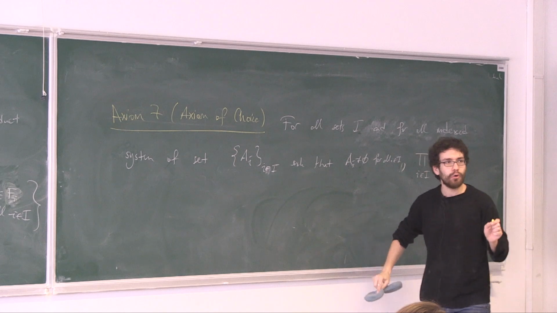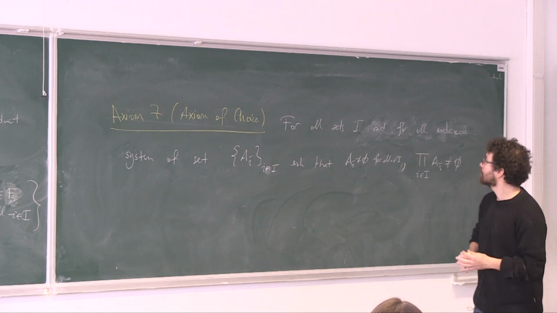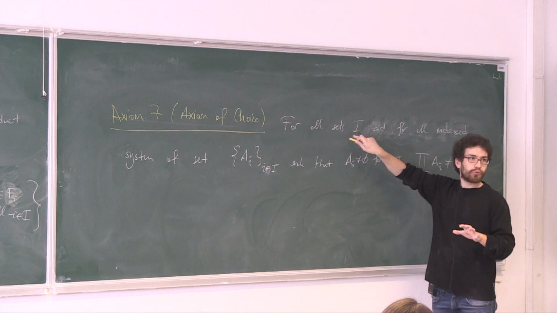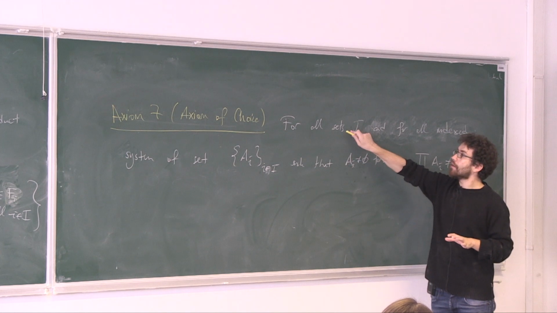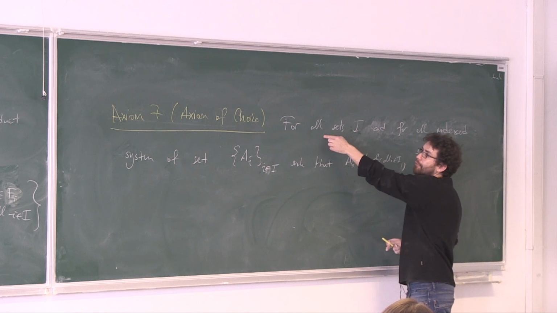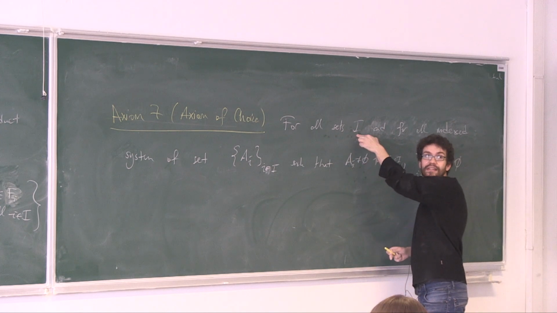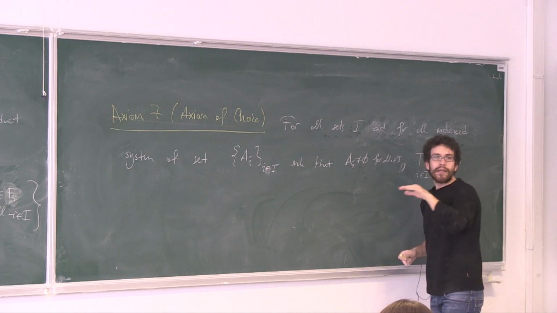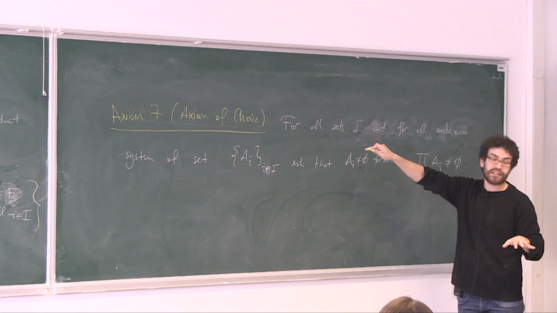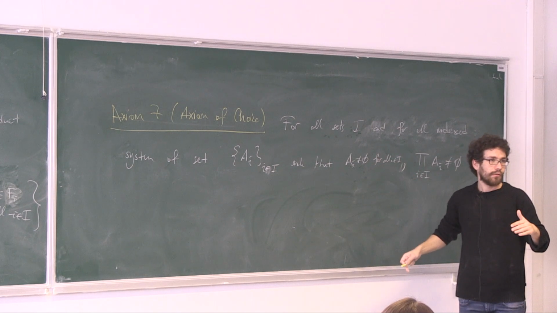However, if I knew what the word finite meant, I could prove this when I is finite. If you just take the statement, instead of saying for all sets, say for all finite sets I, you can prove that sentence without this axiom, with other axioms.